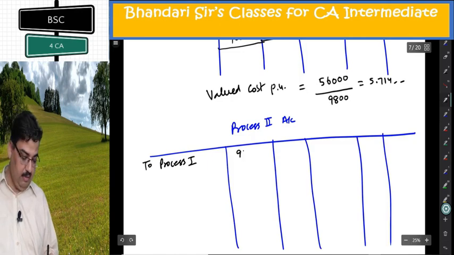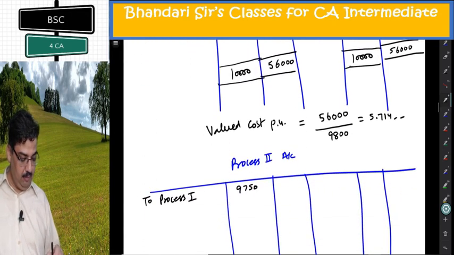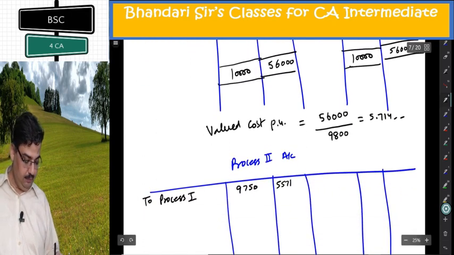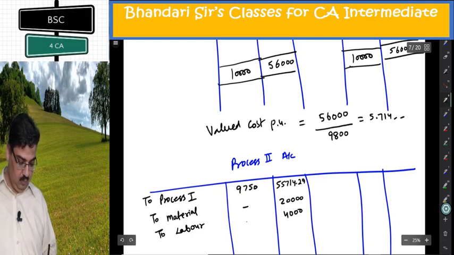The units received are 9750 and the amount we computed, 55714.29. To material, this is further material 20,000. Labor 4,000.